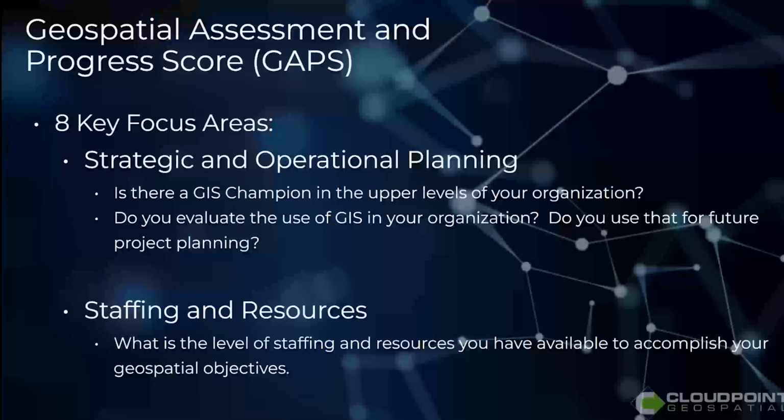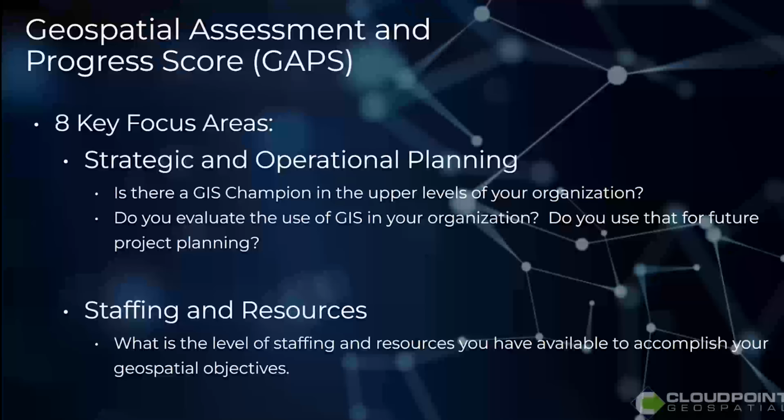The next one is staffing and resources. So, do you have proper staffing levels to achieve the goals of your program? Do you have enough staffing to just keep everything afloat? So you can prioritize and plan for staffing. And then in terms of other resources, you can think of things like training.